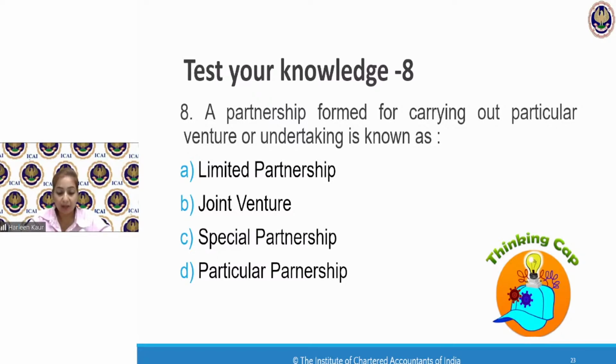What do you call this kind of partnership? I have still not got the answer for the 8th one. Very good. Those who are sending the correct answer for the 8th one.